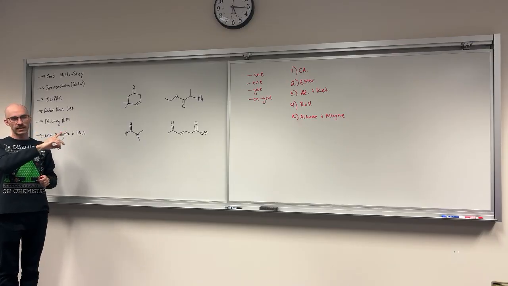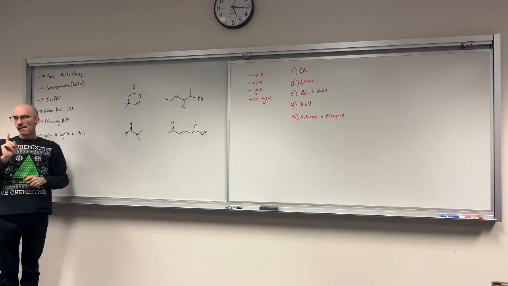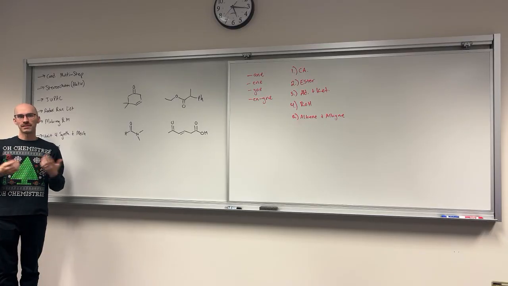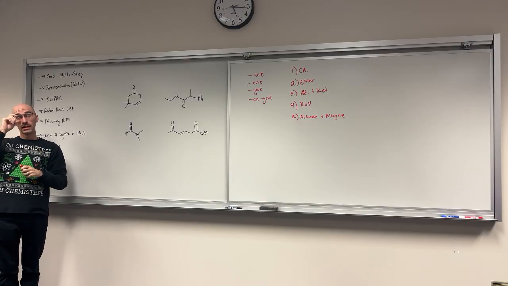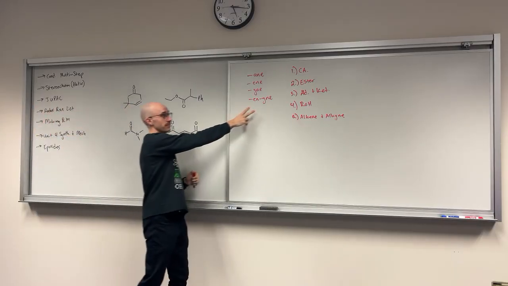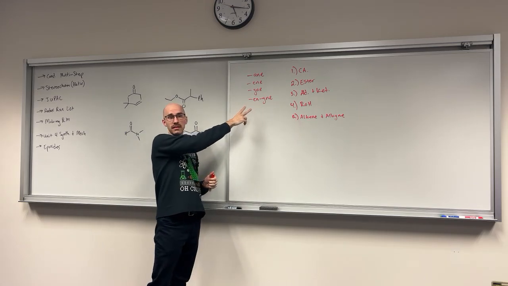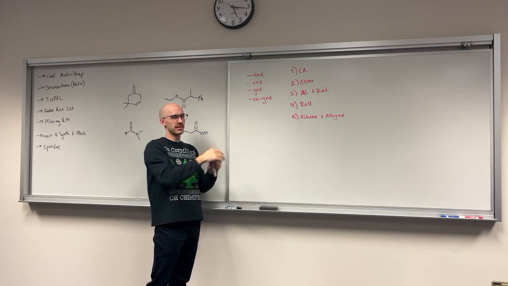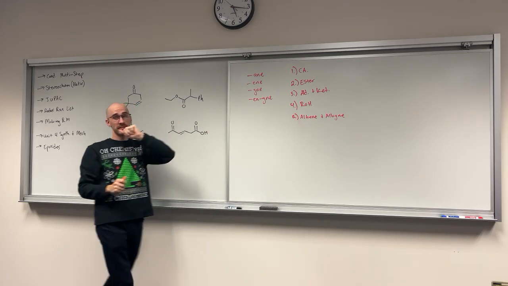And the fact that alkene and alkyne are equal in priority means I don't have to make one of them a substituent. They can both show up in the suffix.